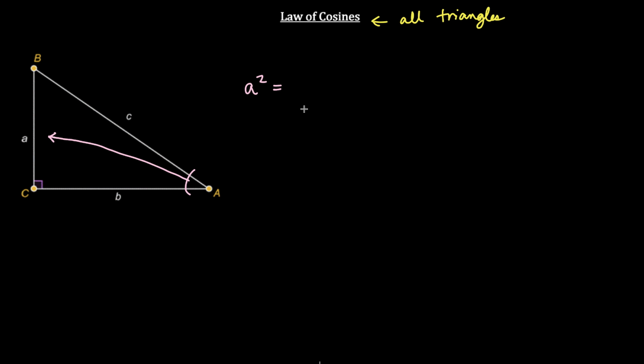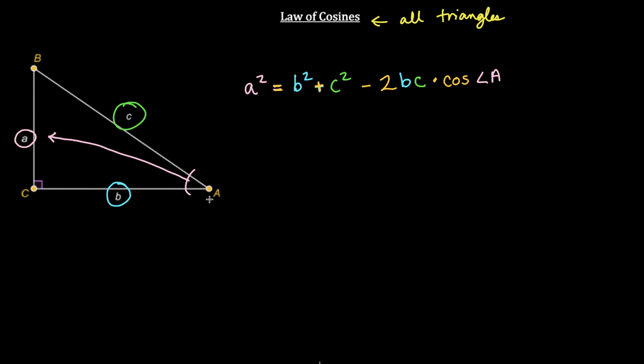A squared equals B squared plus C squared minus 2BC times cosine of angle A. Angle A being right there.